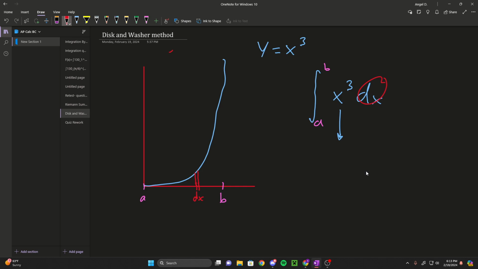And we're going to multiply that with the curve, or at the instance of the curve. Because if we have a dx right here, and our x is like 2, we have an infinitely small width at a certain length. And what's length times width? Length times width is just the area of a rectangle.